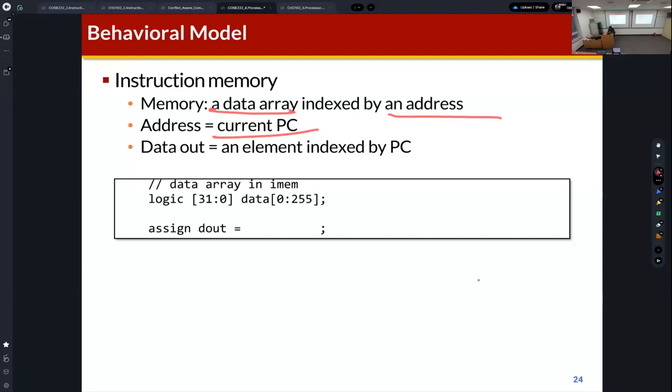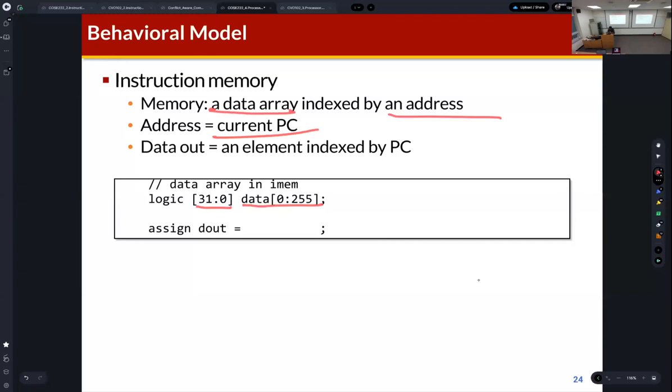This is the data array, and this is the width of each data element. The width is 32 bit, because a single instruction size is 32 bit for the normal RISC-V instruction.